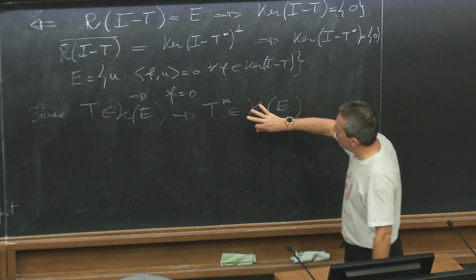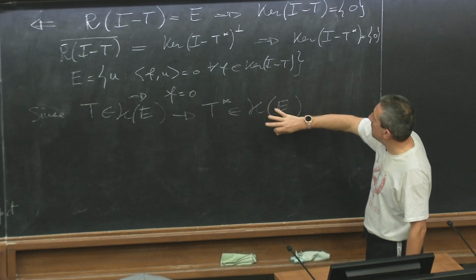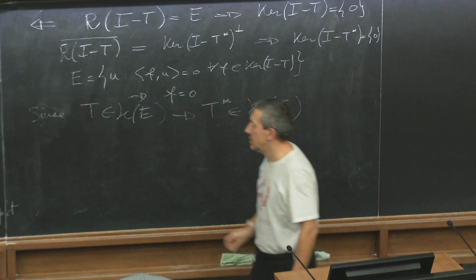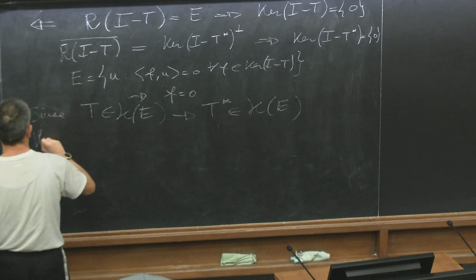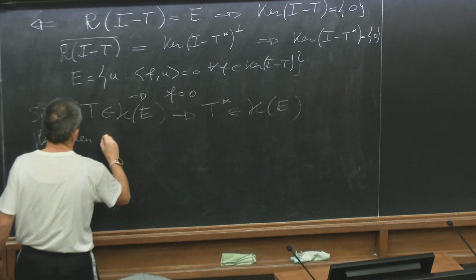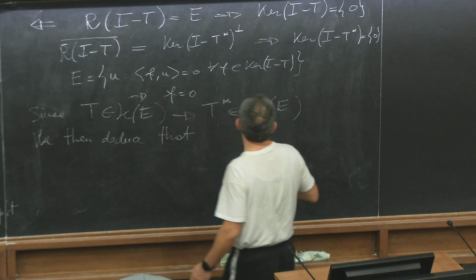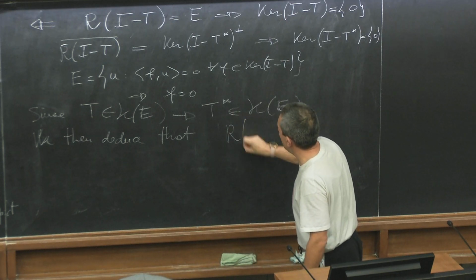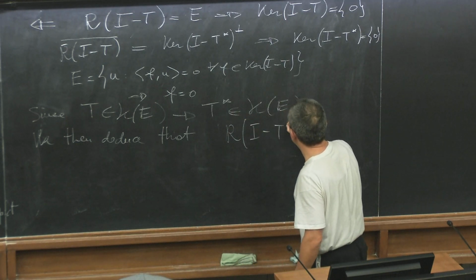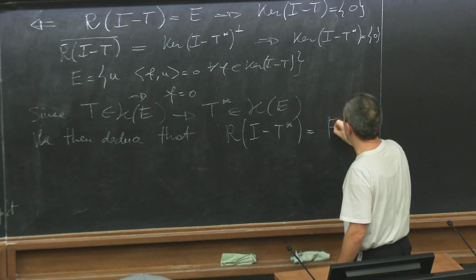So now we add the two things: this is compact, its kernel is 0, so we deduce that the range of identity minus T star is equal to E star.